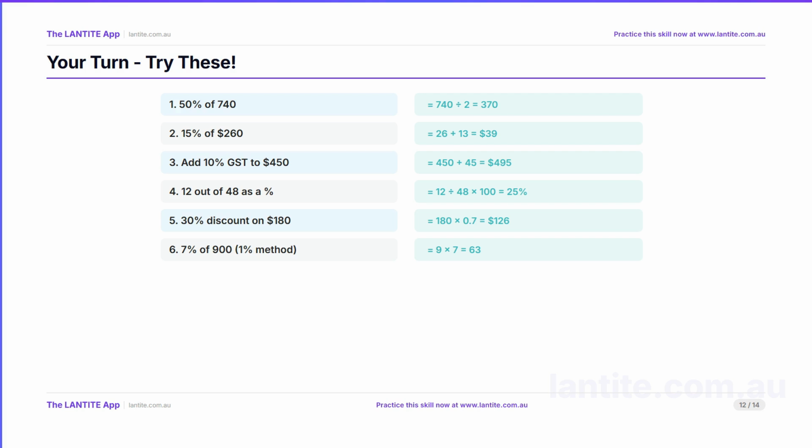Problem 4. Express 12 out of 48 as a percentage. Problem 5. Apply a 30% discount to $180. Remember the shortcut of multiplying by 0.7. And problem 6. Find 7% of 900 using the 1% strategy. The answers are on screen.